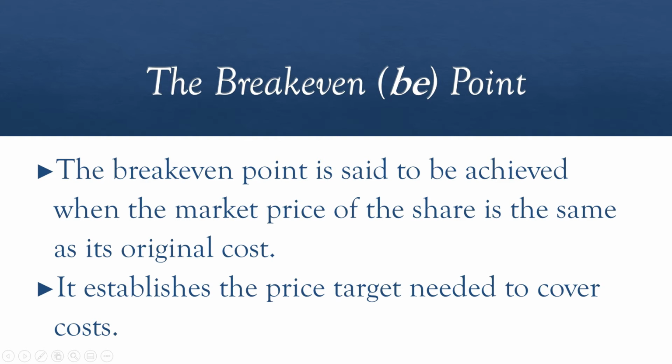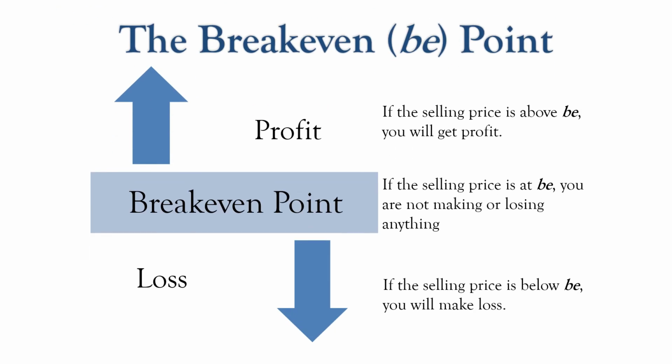Okay, the next slide will illustrate a little bit. You see here, in the box, is the break-even point. At this break-even point, maknanya because you sell at that cost, at the original cost, you won't be making a loss or making a profit. If you sell above the break-even point, then you will get profit.